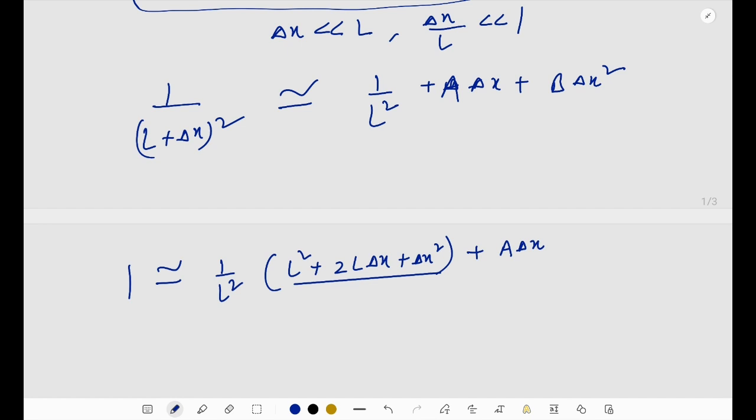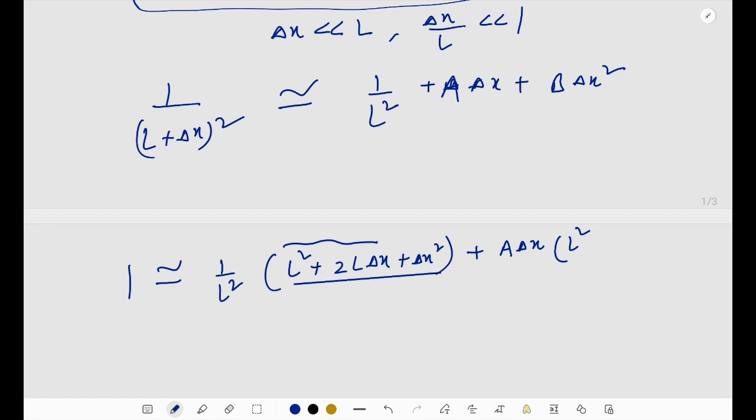So I'm going to write this down as delta x, and I will take only this term so that it will become delta x square. I don't need any delta x cube, because any delta x cube is going to be 0. I can only preserve terms up to quadratic power of delta x.